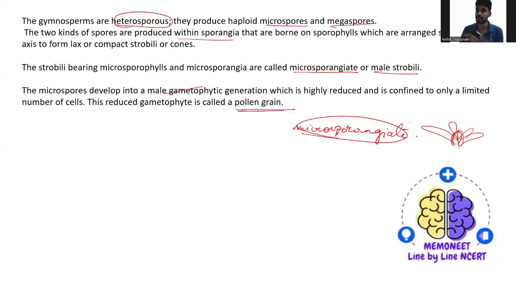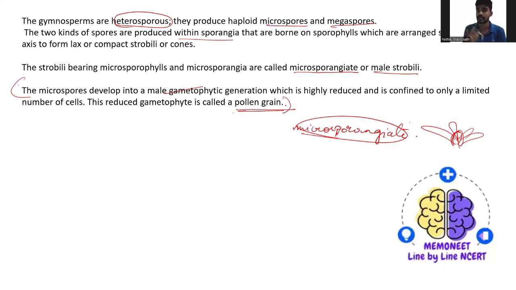So that means from gymnosperms, you'll be seeing the production of the pollen grains. All this sentence is saying is that the microspore will obviously develop into the male gametophyte. So instead of spores, you will actually be seeing the pollen grain generation.